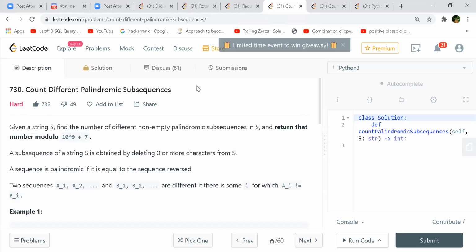Okay, so if we don't have to consider the distinct ones, then even if the characters at the extreme endpoints are the same, we will have just one or two conditions to check from, where we will be reducing our search space from both sides, that is from left and right.